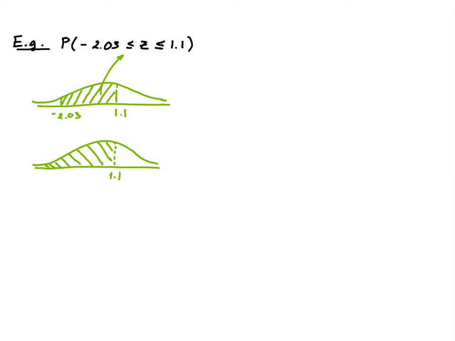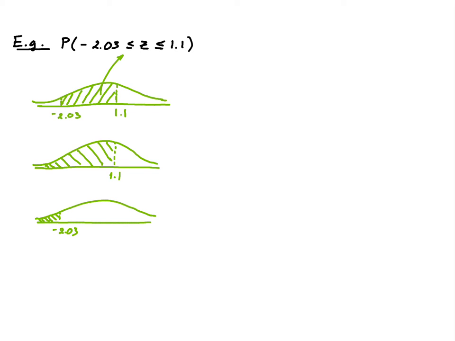And then if you look up negative 2.03, then you get the area to the left of negative 2.03. Right? But then notice that if you take the area to the left of 1.1 and then you subtract the area to the left of negative 2.03, you get exactly the area that you need.